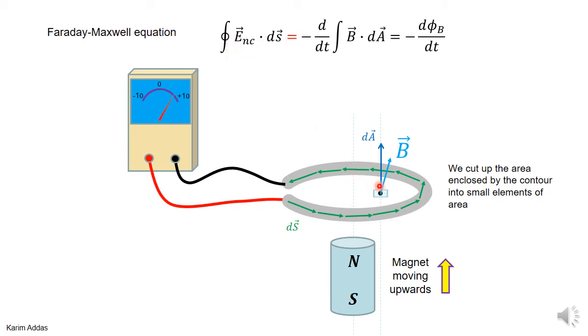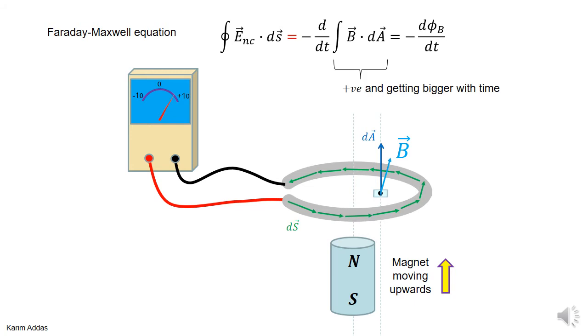Now in this particular case, the angle between the magnetic field and the area vectors all over this area is less than 90 degrees. So that means the integration of B dot dA is going to be a positive quantity. And not just that, because the magnet is moving upwards, the magnetic field is getting stronger with time.